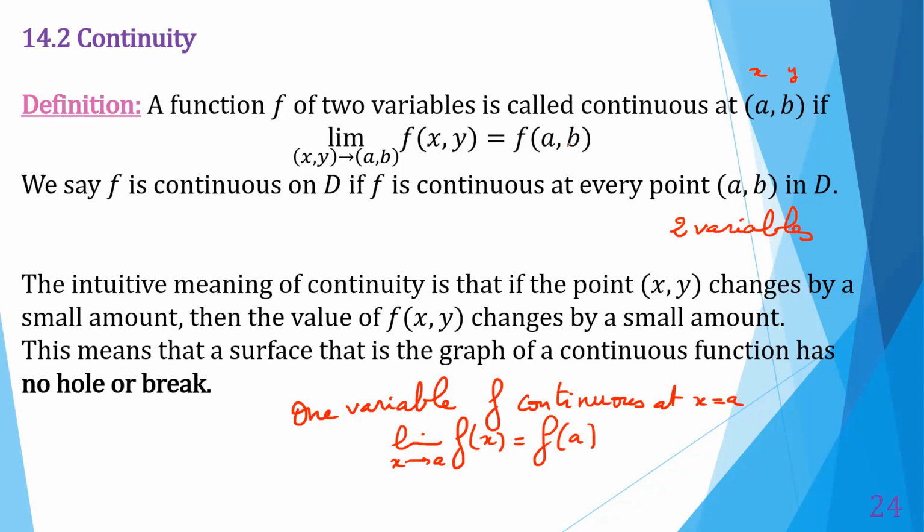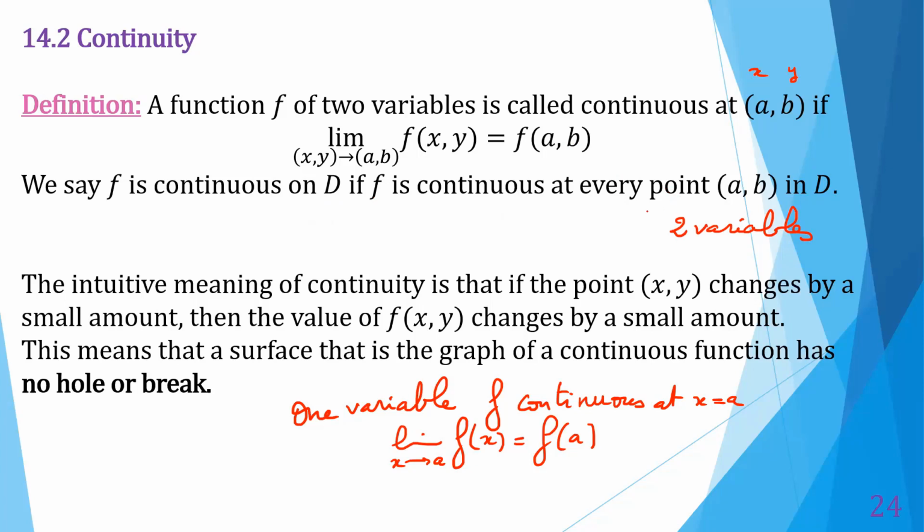This is continuity at the point (a, b). We say that f is continuous on the domain D if it is continuous at every point of this domain.